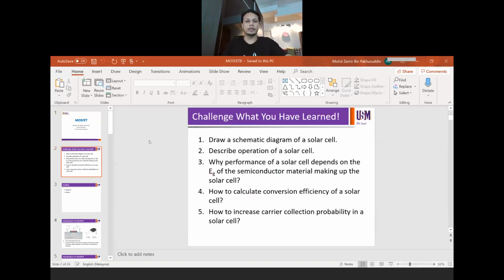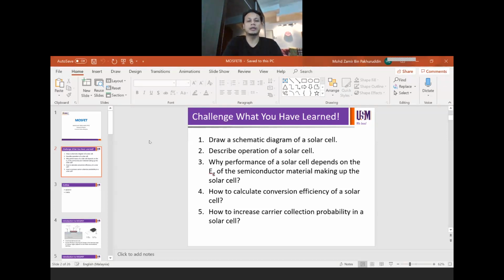So before we move on, let's recap a few things on what we've learned in solar cells. You should be able to answer these questions related to solar cells. Firstly, you should be able to draw a schematic diagram of a solar cell. Can you still recall the schematic?